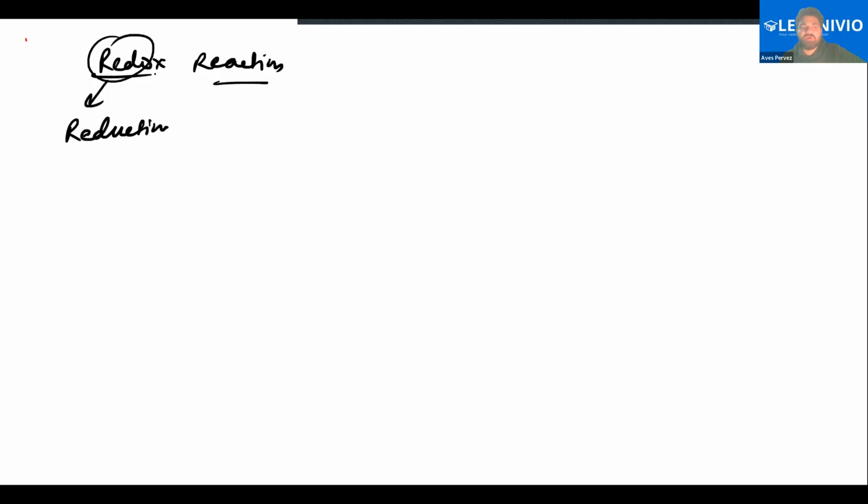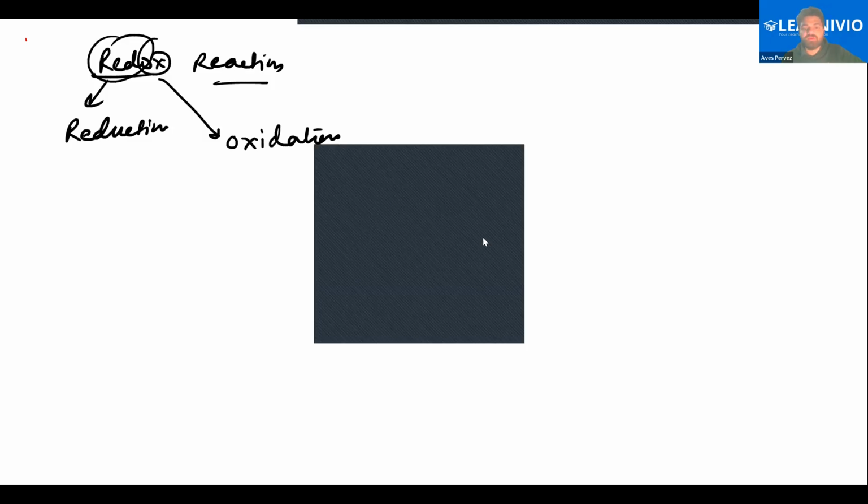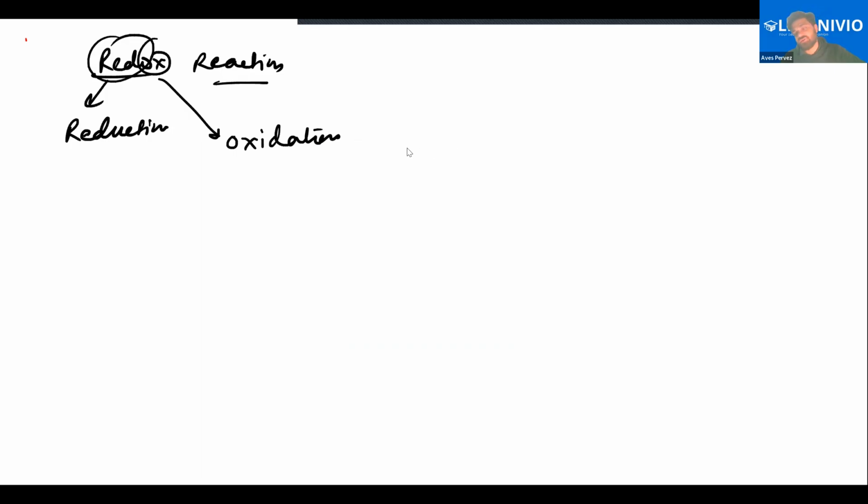The word redox comes from reduction and oxidation: red from reduction, and ox from oxidation. When both oxidation and reduction are taking place simultaneously in a reaction, we consider it a redox reaction.